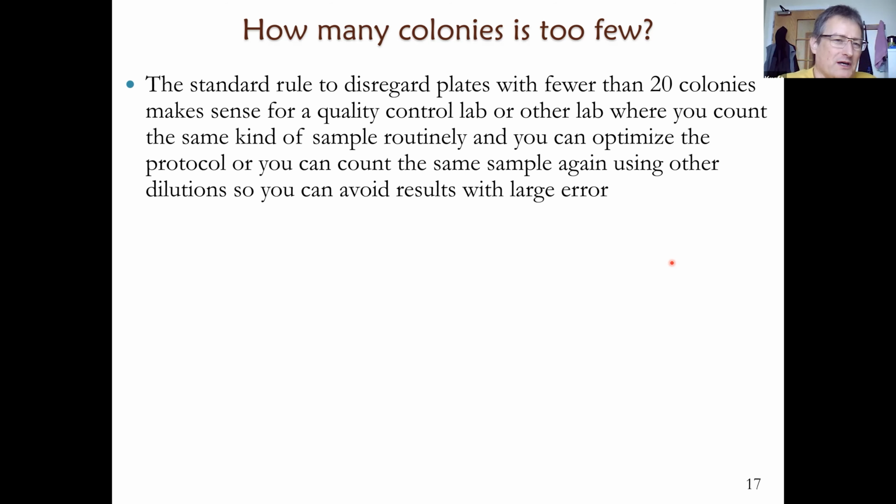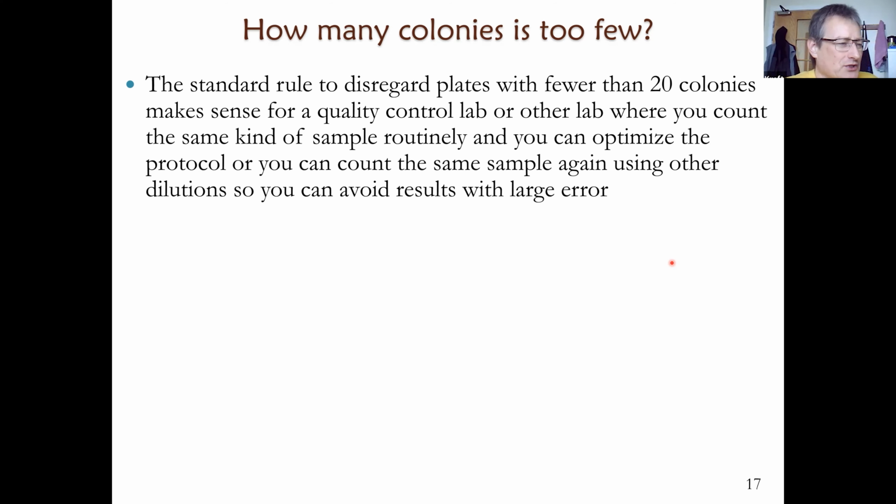Or you can optimize a protocol to avoid this problem in the future by changing the dilutions you're plating out. If you're doing routine work, you can optimize a protocol and make sure that the number of colonies on your plates are in a suitable range.